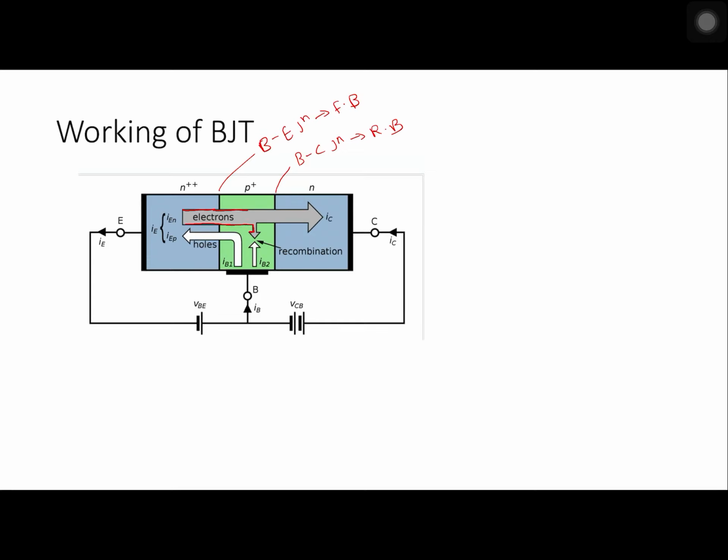Some of these electrons are lost in base due to recombination, and remaining electrons reaches the collector. Amount of electrons reaching the collector will constitute collector current IC.